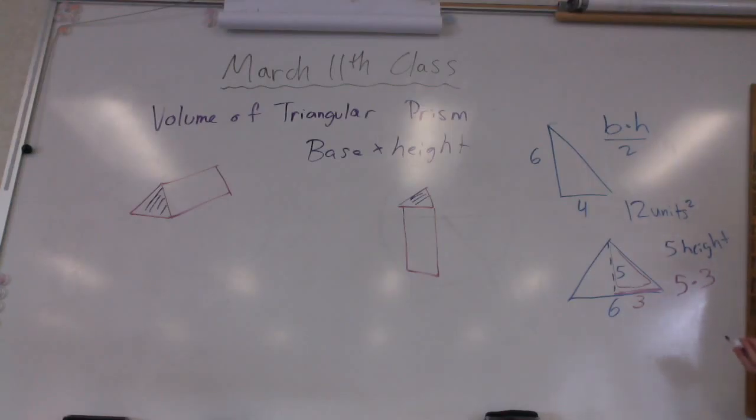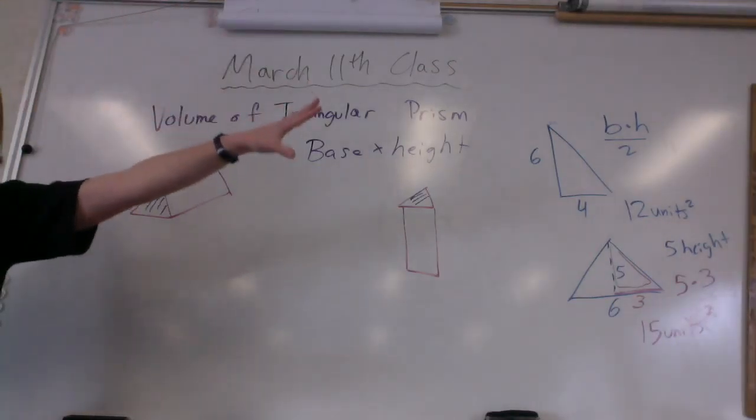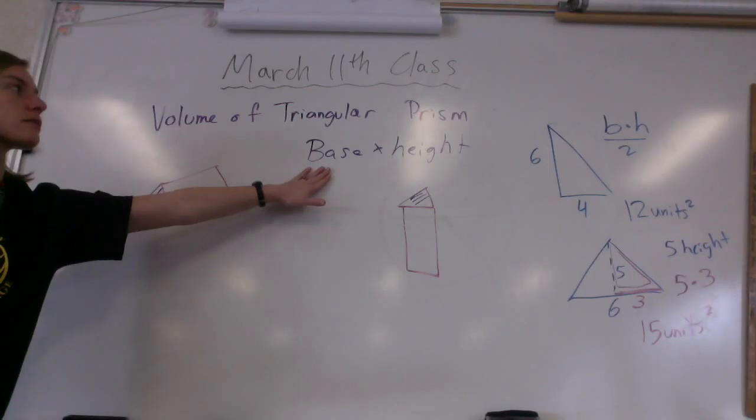So what's this area? 15. Okay? So always check what kind of triangle you're working with. In this one you have to remember that you're not multiplying by 6, you're multiplying by 3.